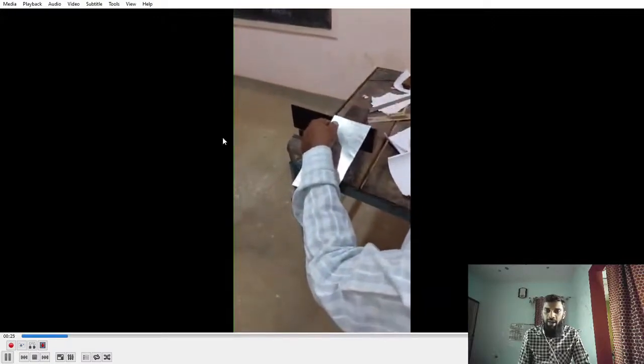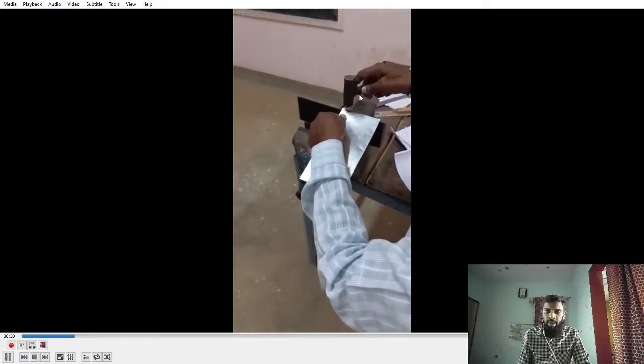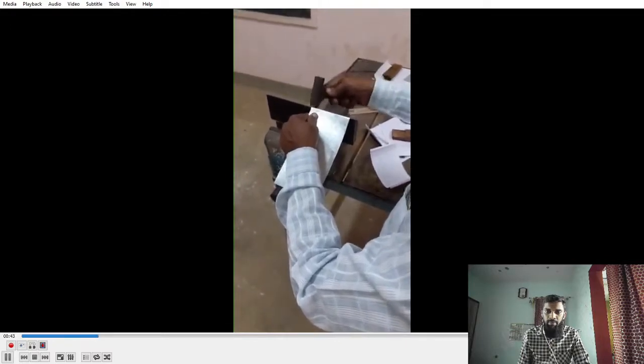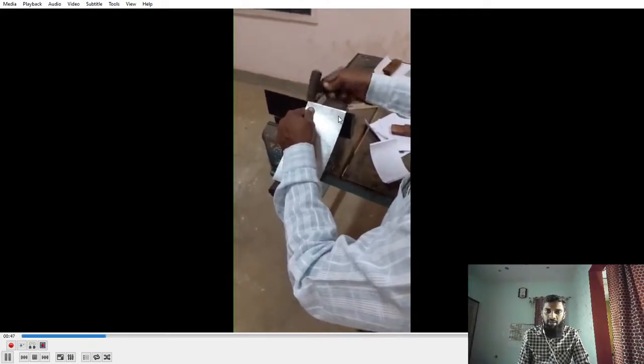See here, if the left side is bent clockwise, the right side should be bent anti-clockwise. With the help of mallet and bending dies, we are bending the sheet as per the dimension marked, that is 5 mm. So you should roughly bend the sheet along the marked edge.